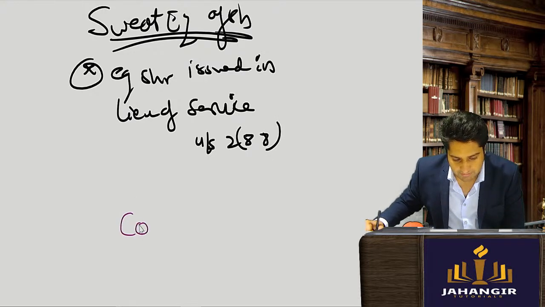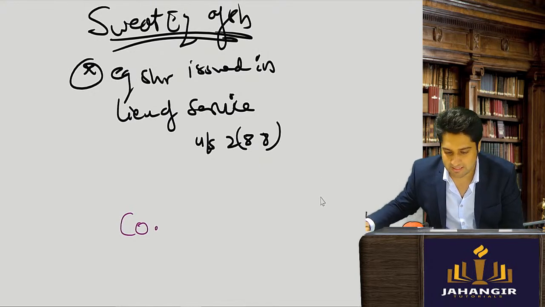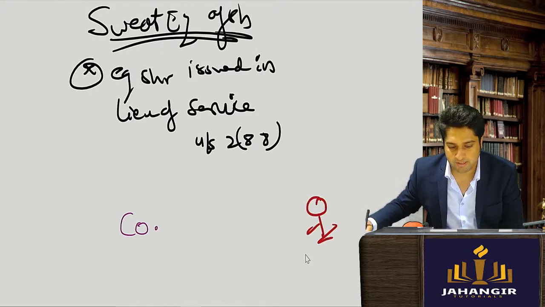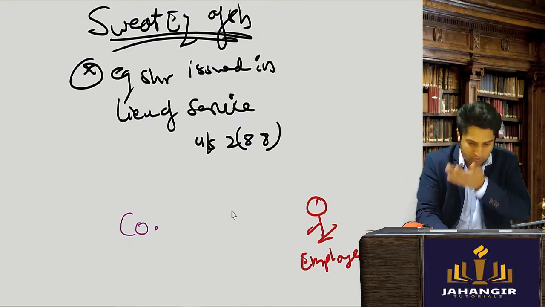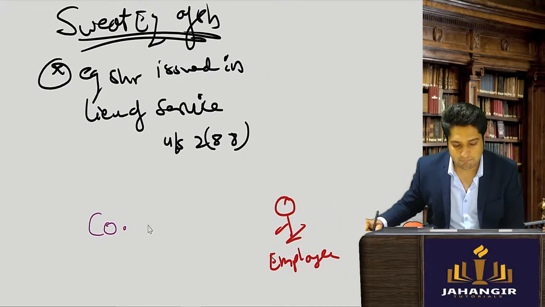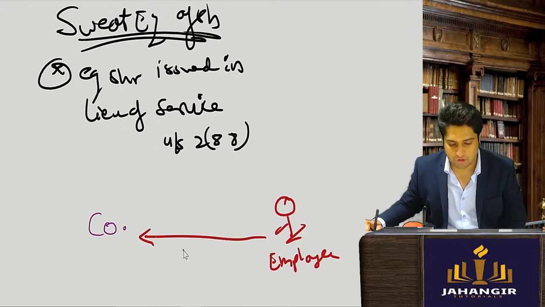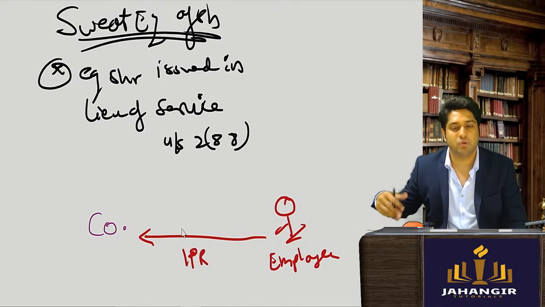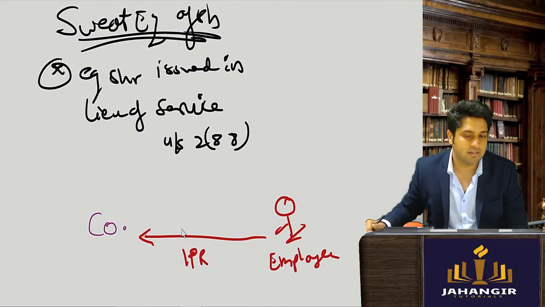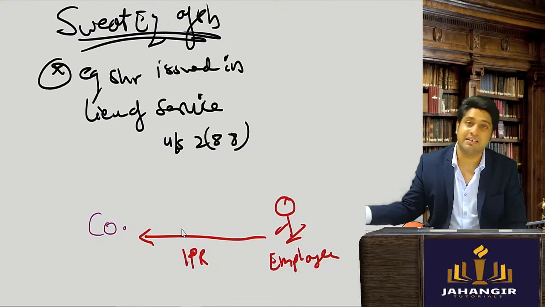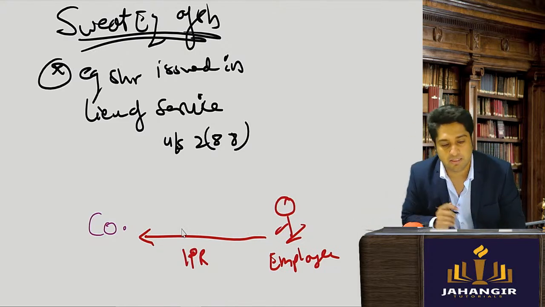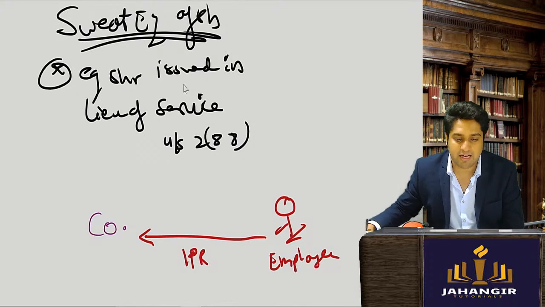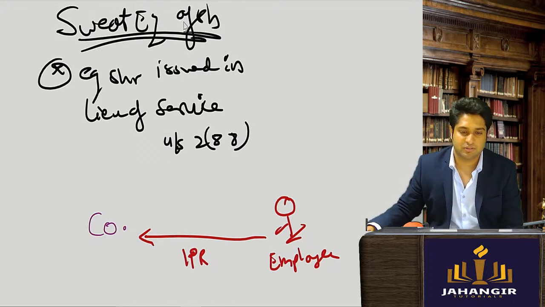Now this is the company, and this is an employee of the company. What happens is, the employee has developed some software, intellectual property rights, value addition, some kind of know-how, a patent he must have had. So the company says, give me that IPR. Against that IPR, I will not give you cash.